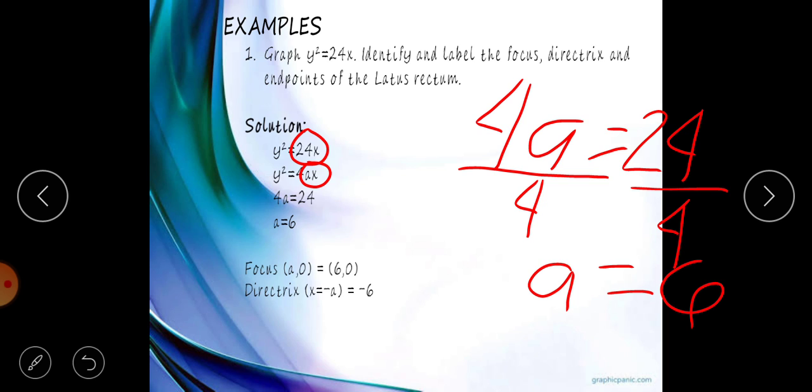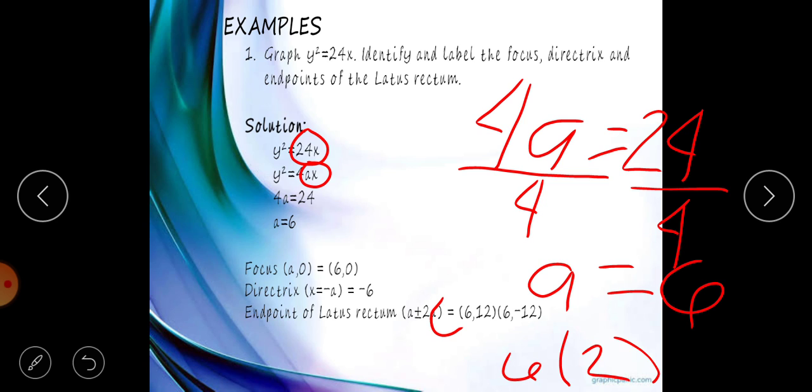The endpoints of latus rectum are (6, 12) and (6, negative 12), because 2a is equal to 6 times 2, which is equal to 12, so it's positive and negative 12.